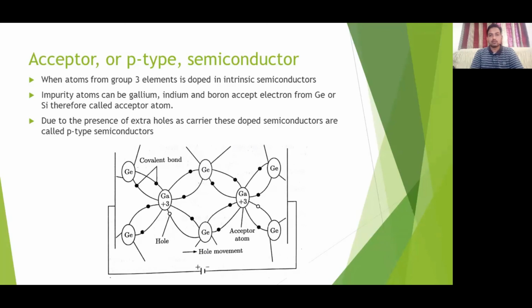In both cases, when the number of electrons increases, the number of holes decreases, and when the number of holes increases, the number of electrons in the valence band decreases. So when holes are majority carriers, electrons are minority carriers, and when electrons are majority carriers, holes are the minority carriers.